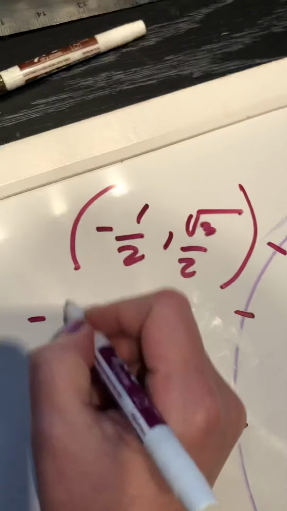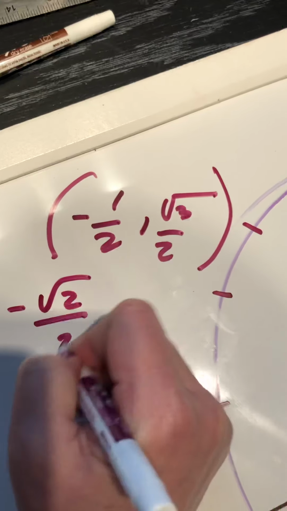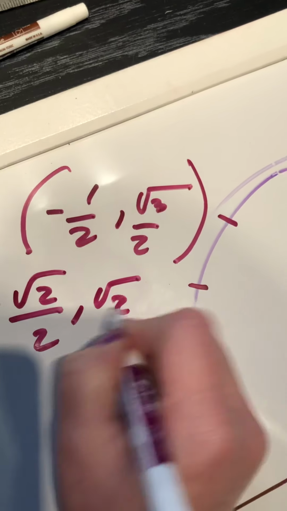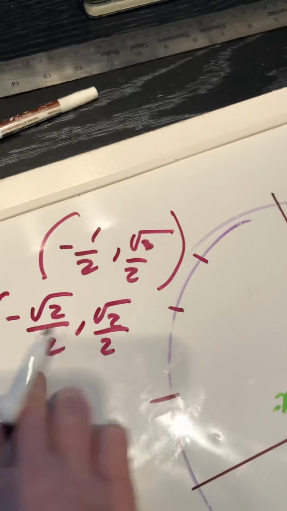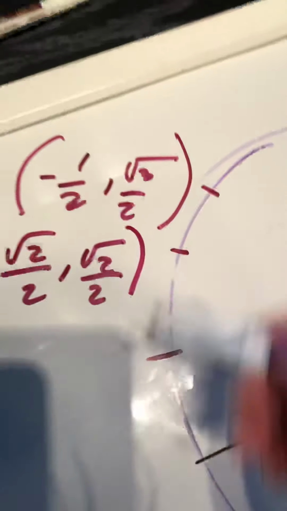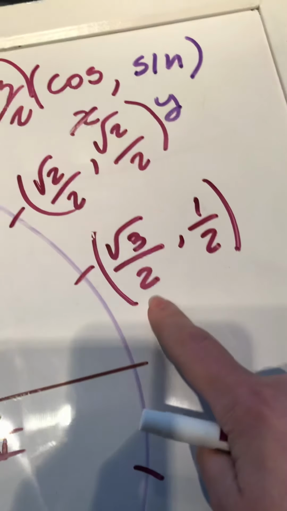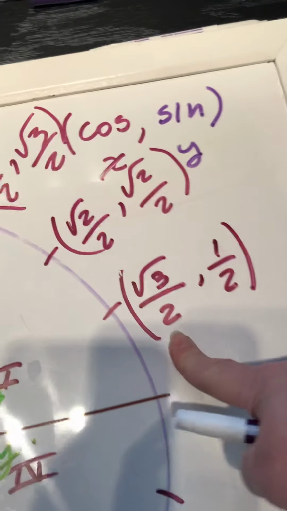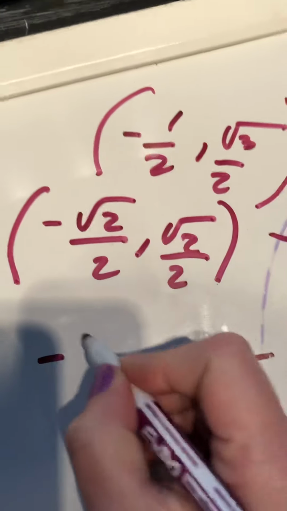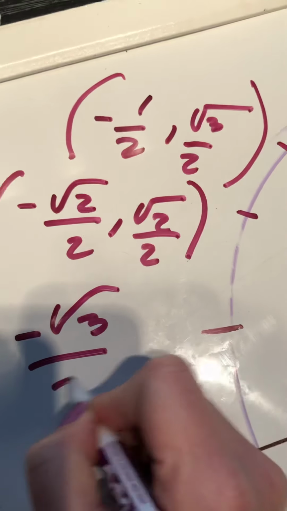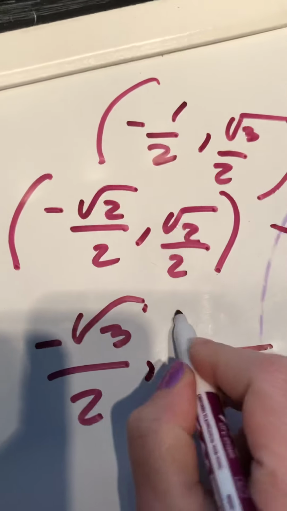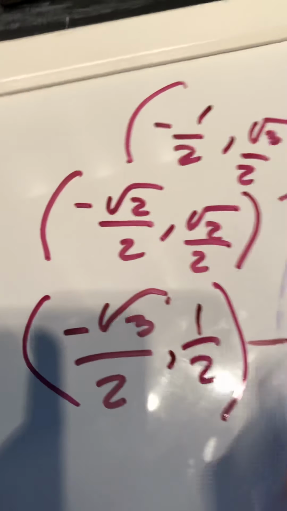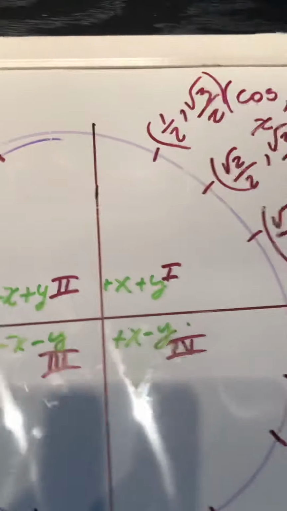So you're gonna have negative square root of 2 over 2, comma, square root of 2 over 2, because remember in this one, x is gonna be negative, y is gonna be positive. And then we follow the same. Negative square root of 3 over 2, and then we're gonna have 1/2. Boom. You have the second quadrant ready.